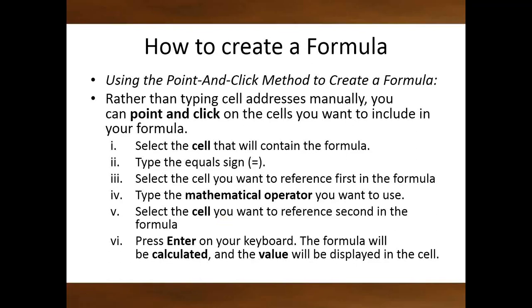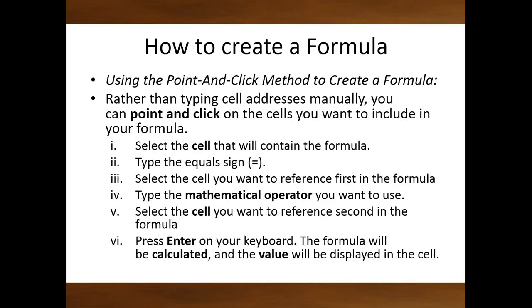So rather than typing cell addresses manually, you can point and click on the cells you want to include in your formula. The reason why I wanted you to be typing was simply for you to be conversant with how you type it if you are not using the point and click.